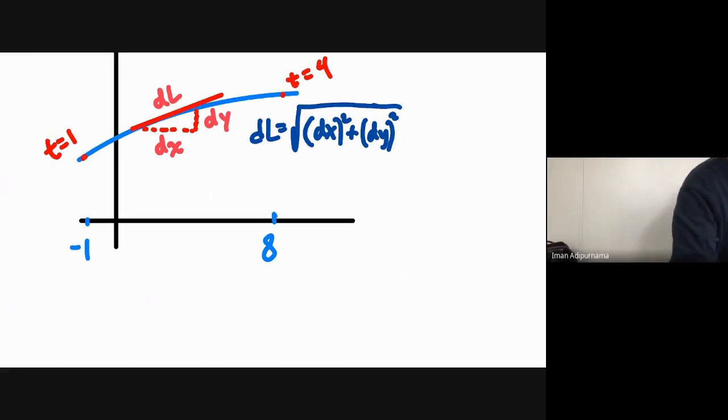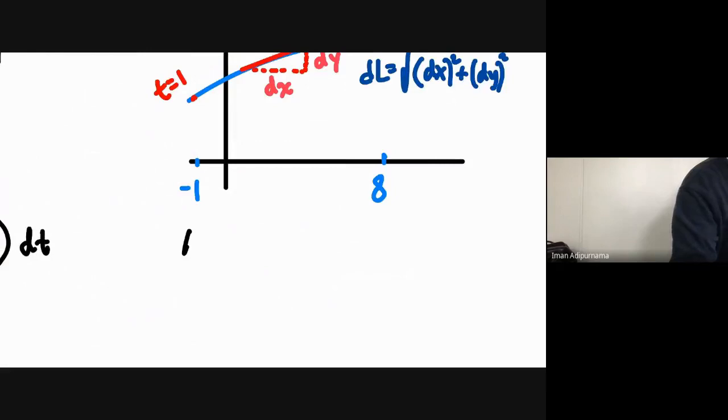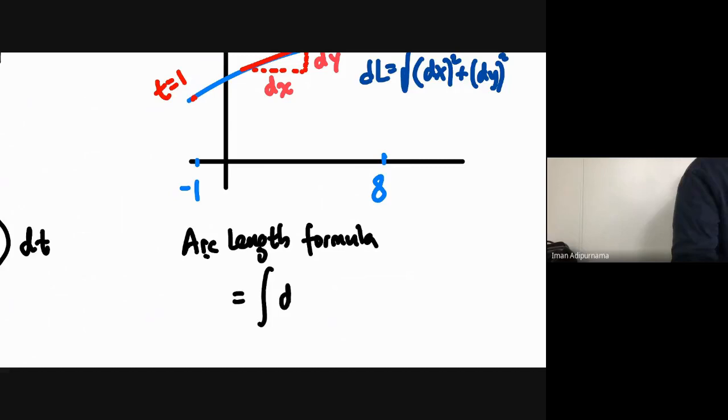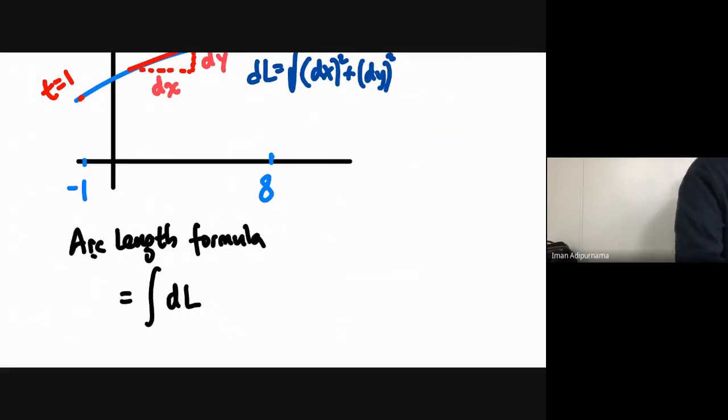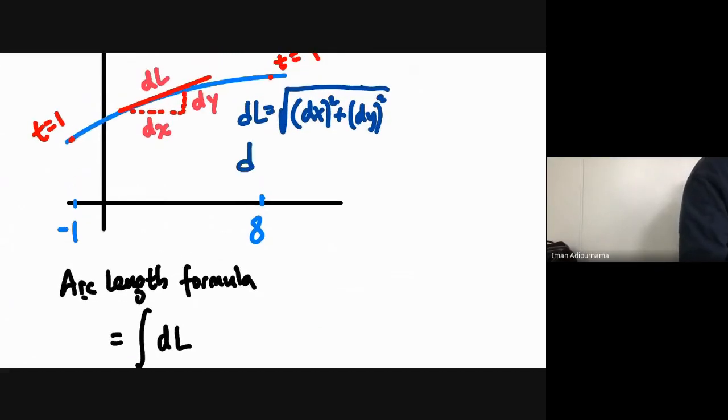So I will write this here. Arc length formula: it's the integration of dl. Let me write dl in terms of dy over dx.